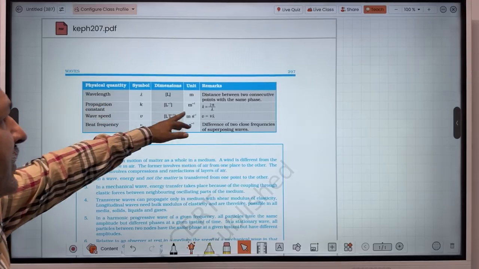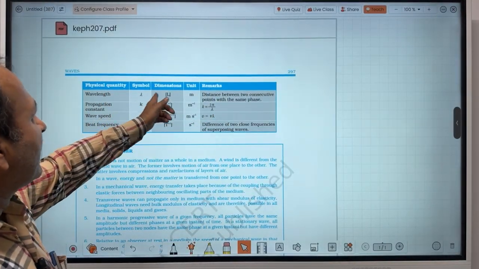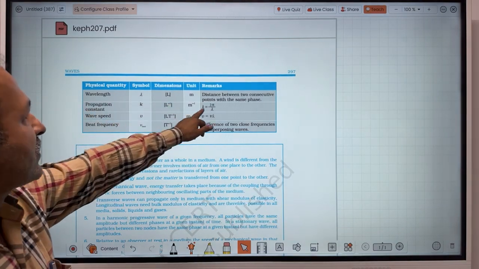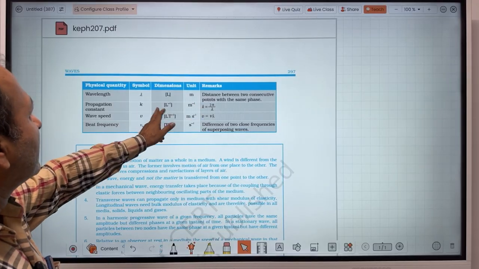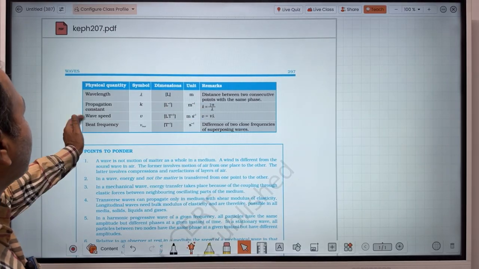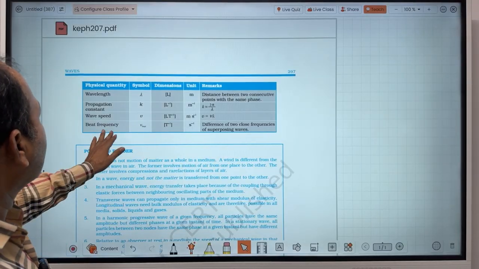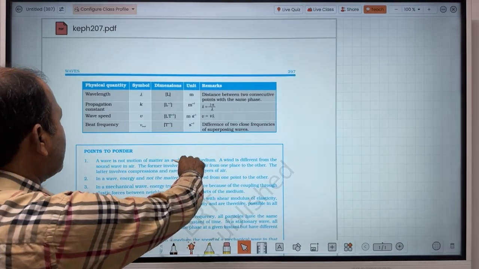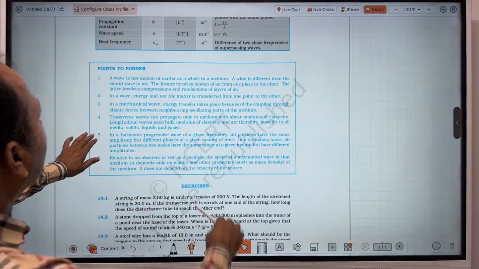Wavelength is the distance between two consecutive points with the same phase, symbol is lambda, dimension is L, unit is meter. Propagation constant k is 2 pi by lambda, unit is meter inverse, and dimension is L to the power minus 1. Then wave speed v equal to nu lambda, and beat frequency, we have studied, is the difference of the two frequencies.